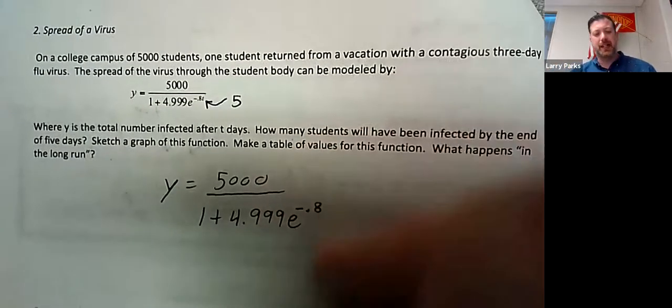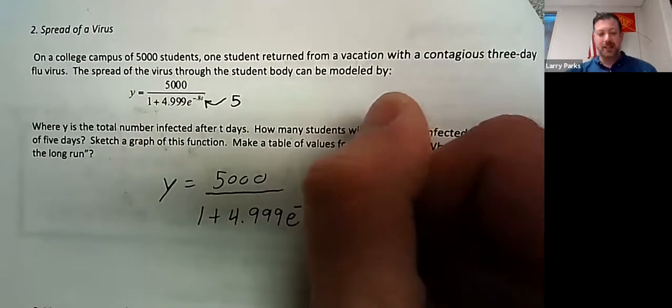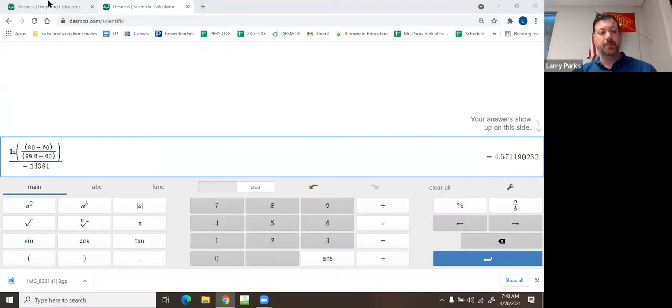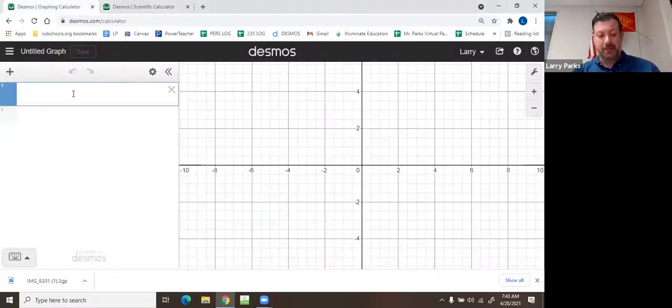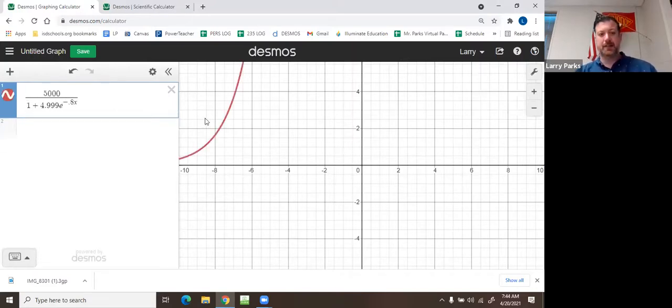Actually, let's go look at the graph. I'm going to change the T to an X so I can graph it. So I'm going to type that into Desmos: 5,000 divided by 1 plus 4.999 e to the negative 0.8 x.